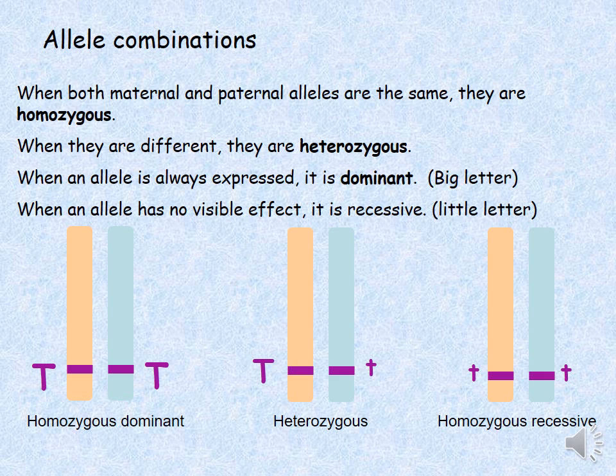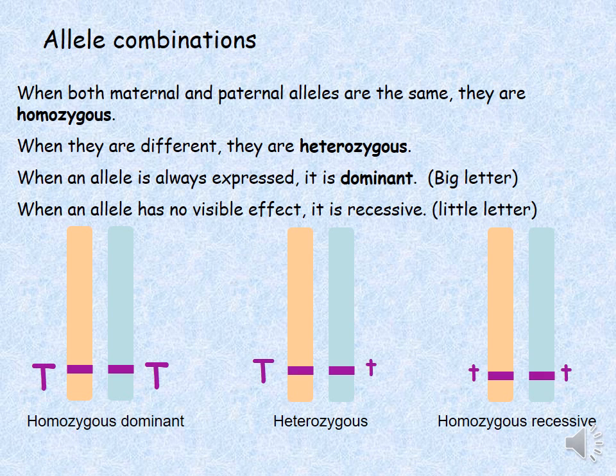Now, this masking and expressing can be for different reasons. Lots of times, the recessive allele is a mutated allele that is basically non-functional. So big T, little t. Let's say big T is going to make the flower petals purple. Little t is going to make them white. When big T is present, the gene is going to be transcribed and translated to create a protein that makes the petals purple.